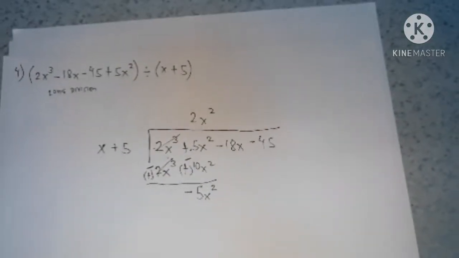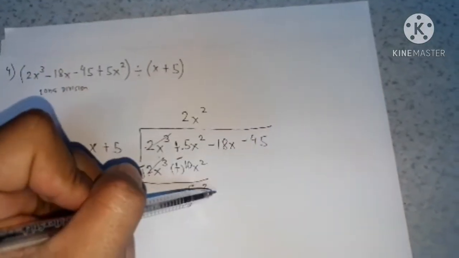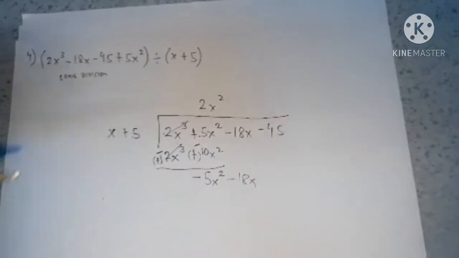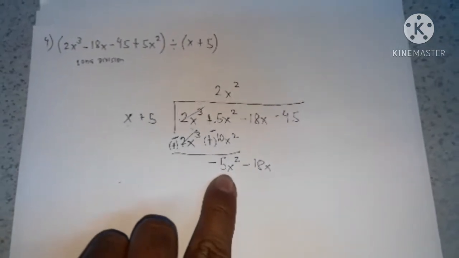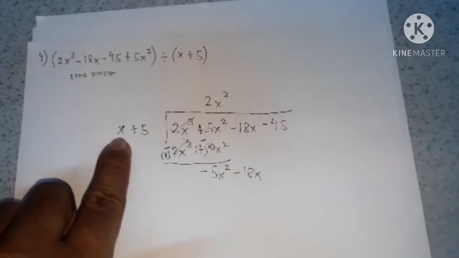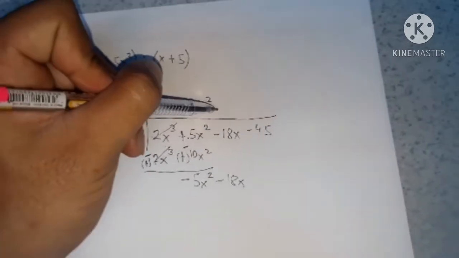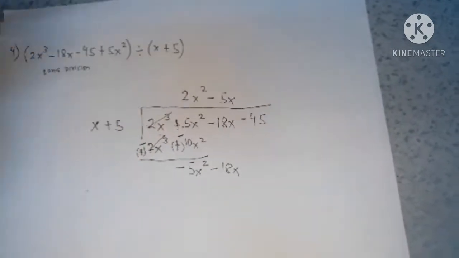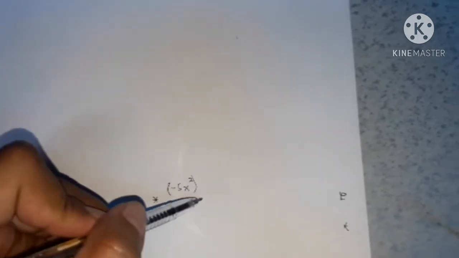And then bring down negative 18x, the linear term. So ganun ulit, divide. Negative 5x squared divided by x, that is negative 5x. Paano nangyari yun? So you have negative 5x squared divided by x.